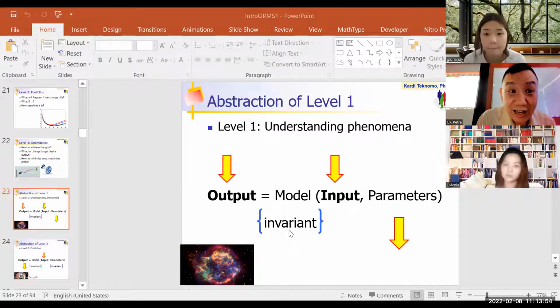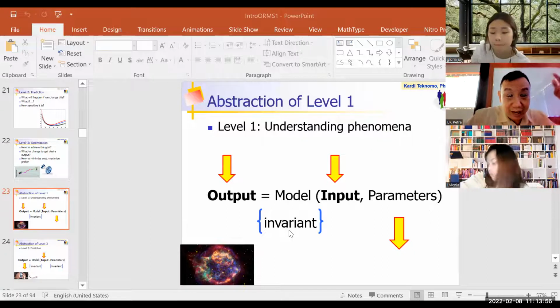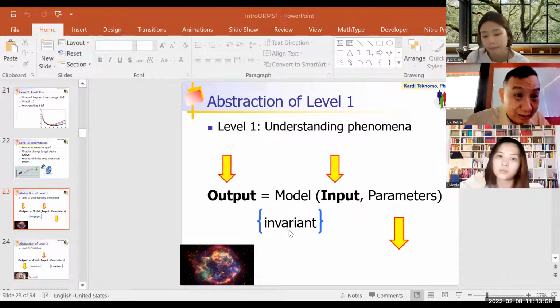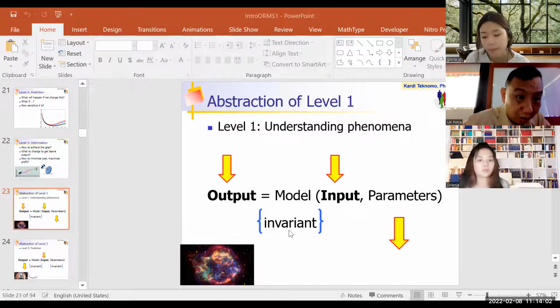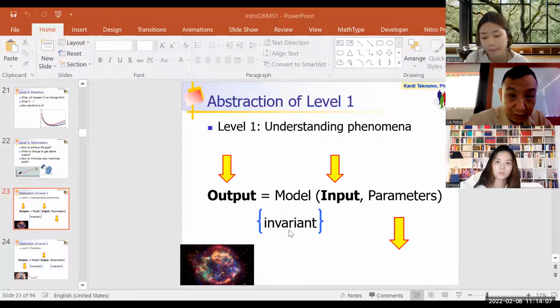Again, this is the axiom. Remember earlier I said the axiom is the weakest point. So if your assumption is wrong, then everything is wrong, collapse. So remember in level 1, you assume your model. That is the thing that does not change. That is the invariance.